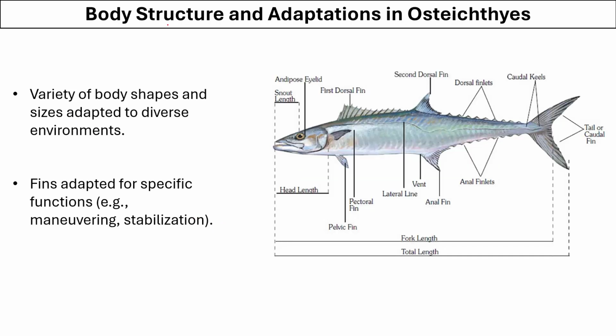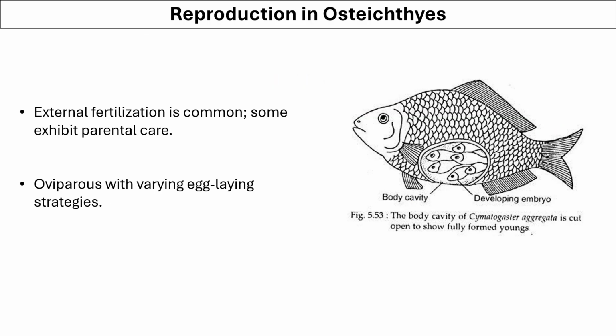Osteichthyes can have a variety of body shapes and sizes which help them to best adapt to their environment. They have fins which are adapted for specific functions like maneuvering and stabilization. Osteichthyes have external fertilization, while some parents also give parental care to the offspring produced outside of their body.